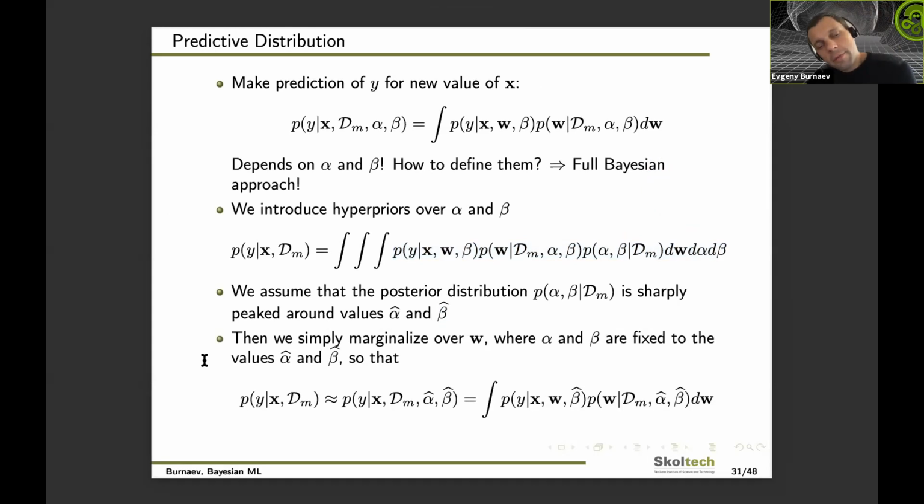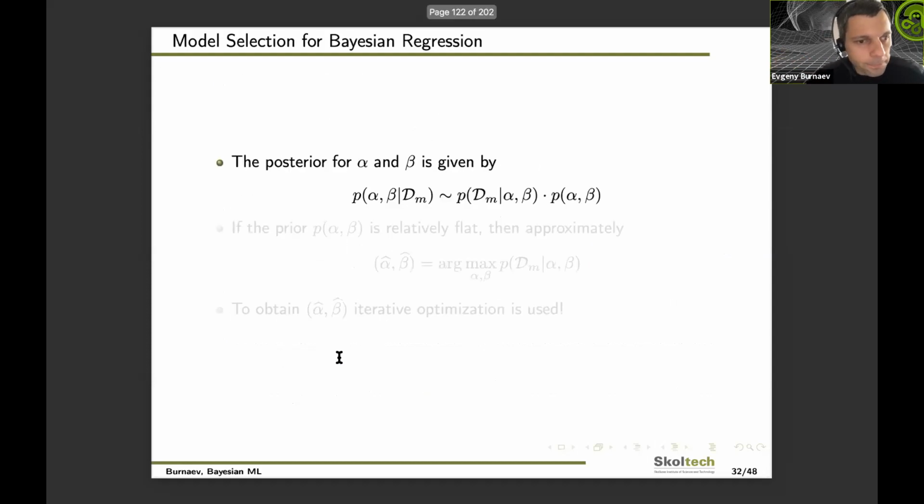So in practice, the only possibility is not to integrate over alpha and beta with respect to the posterior, but to estimate the most probable values of alpha and beta and plug these most probable values into our formula. That's it. This is how we act. The question is how to estimate the most probable values of alpha and beta.